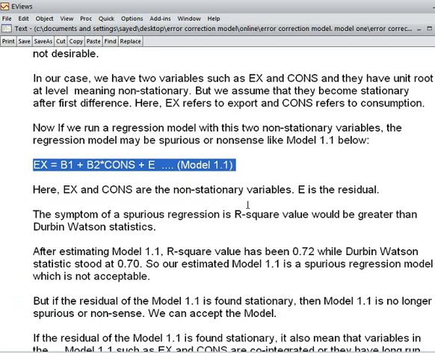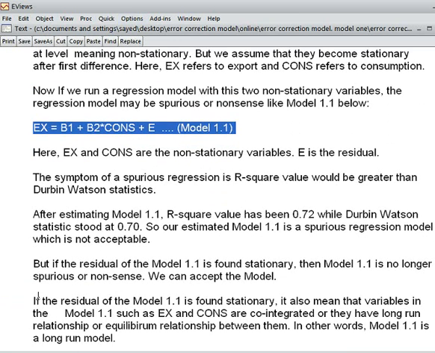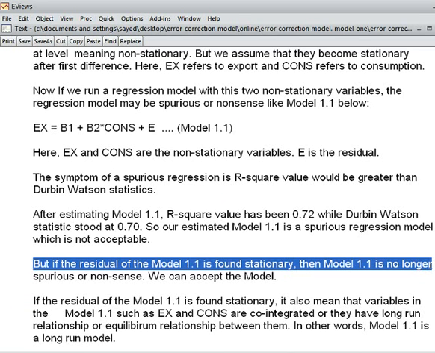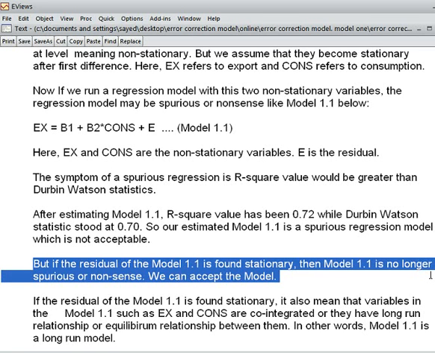But if the residual of model 1.1 is found stationary, in that case model 1.1 is no longer spurious or nonsense. We can accept the model.